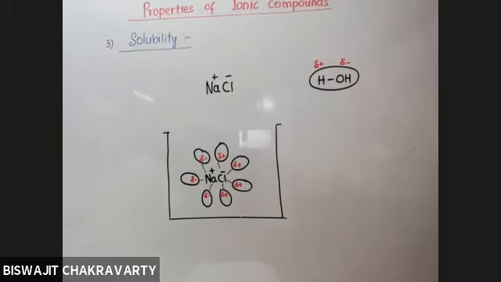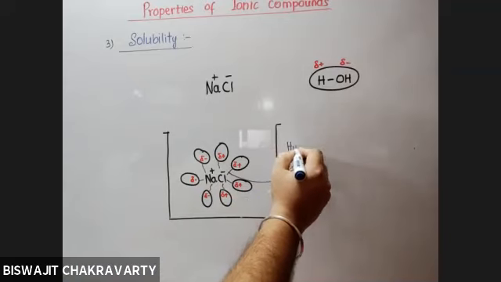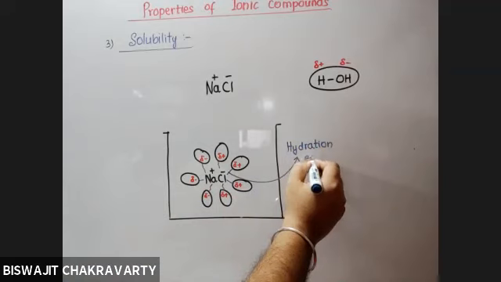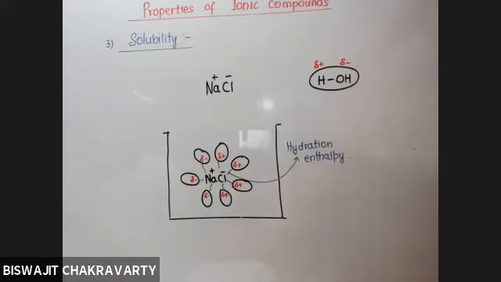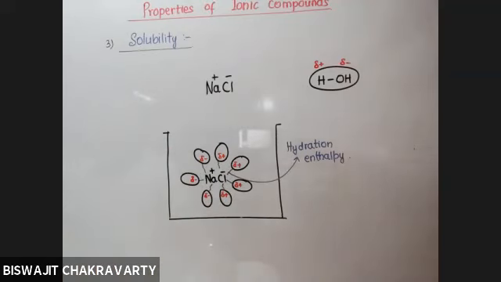I told you that whenever there is interaction, in return there is an amount of energy released, and this amount of energy released is called hydration enthalpy. So when water interacts with the ionic compound, the amount of energy released is called hydration enthalpy.